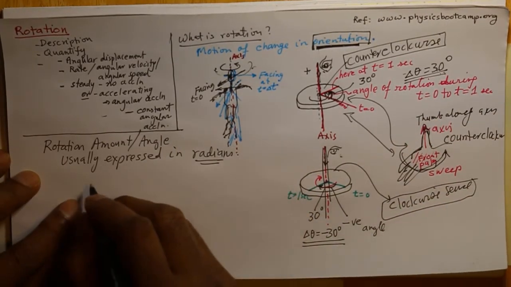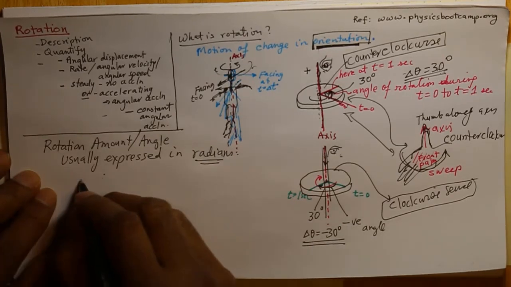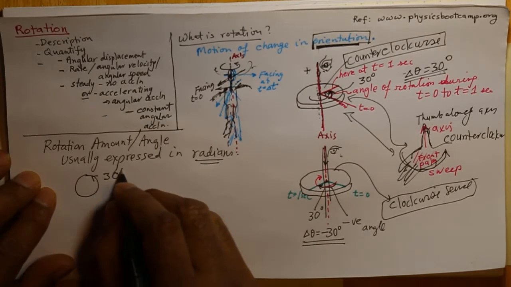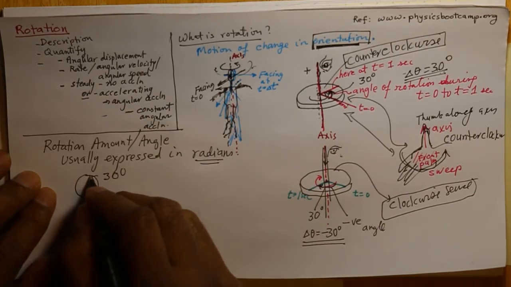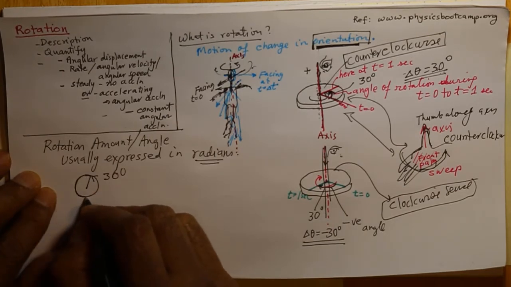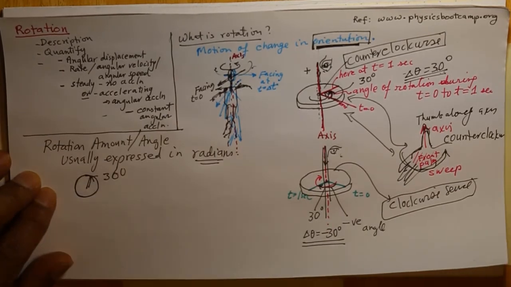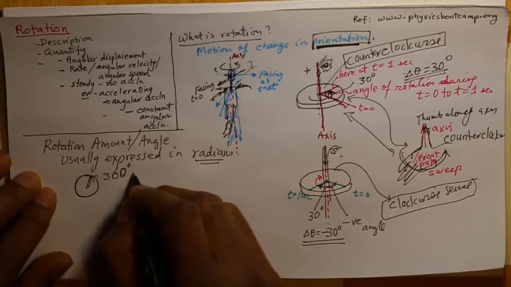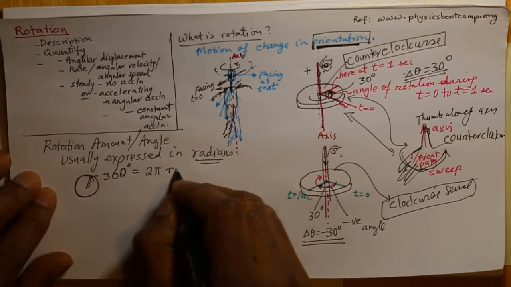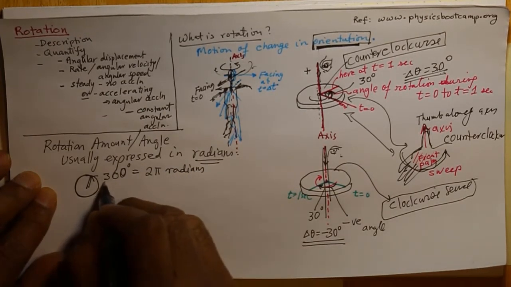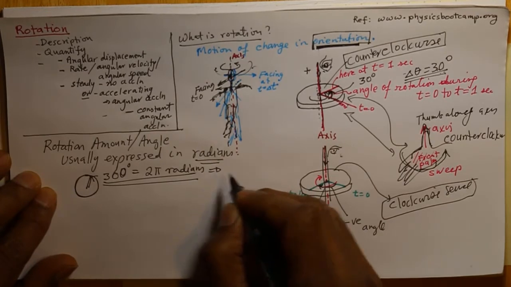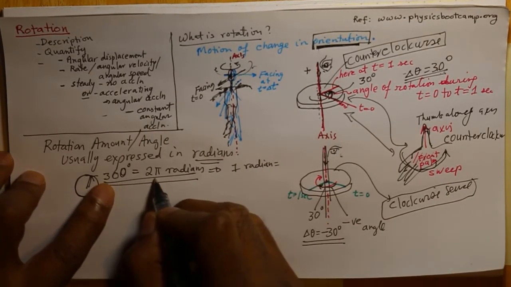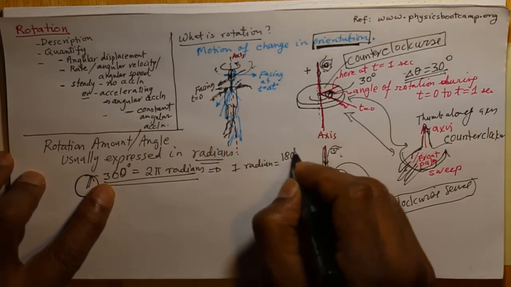So the relationship between degree and radian, as you may know, is if I go all the way around, from here all the way back to here, something is rotating, so this is 360 degrees. But there's also 2 pi radians. So that's a conversion, so that will mean 1 radian is 360 over 2 pi, 180 degrees over pi.